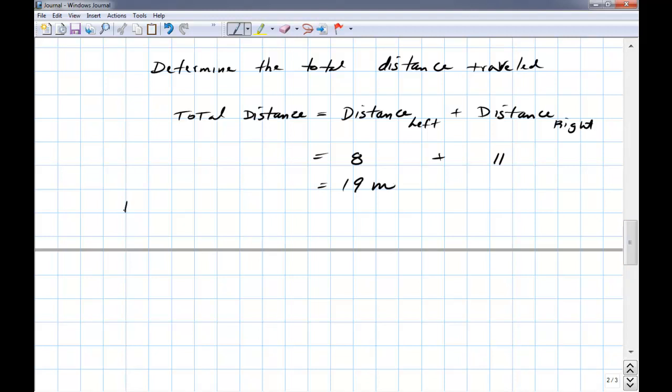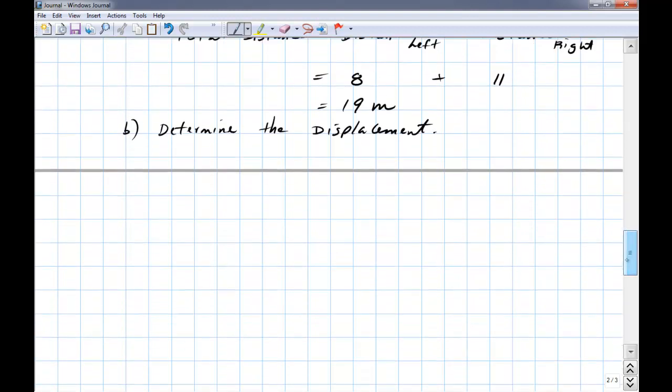In part B, let's now determine the displacement. Again, we have a formula for displacement, and it looks like this. Delta x equals x final minus x initial.